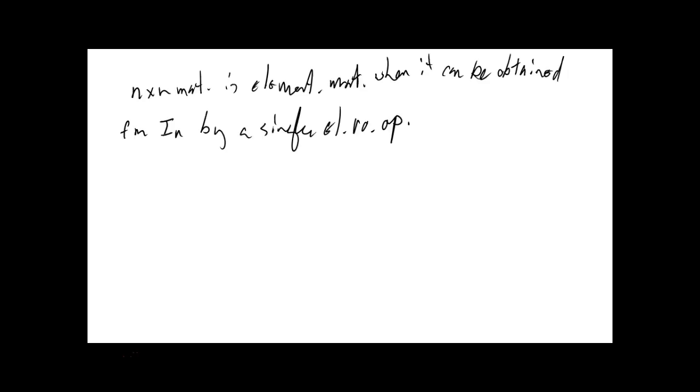You know what that is. One's down the main diagonal, zeros everywhere else. And you start with that and then do a single elementary row operation on that identity matrix. And we just went over what they are: exchange two rows, multiply one row by a non-zero constant, or add a multiple of one row to another row.